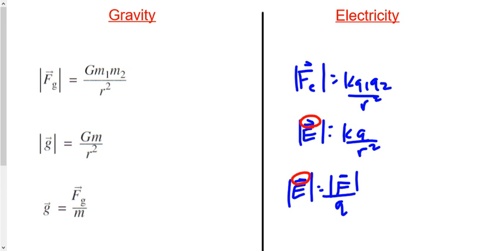I promise you, if you skip the vector sign, it might not seem like a big deal, but I guarantee you, every single one of you in this room, some point this year, will get electric fields mixed up with energy. At some point, you're going to set energy equal to electric field, and that's wrong. You can never do that. But if you call it E without the vector sign over it, you're going to do that.